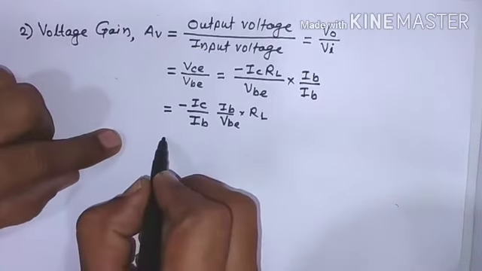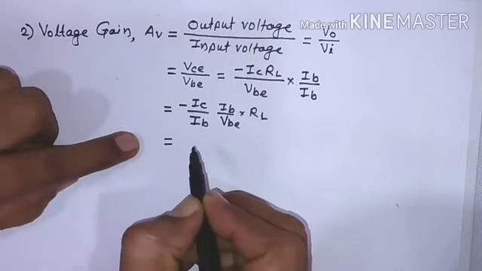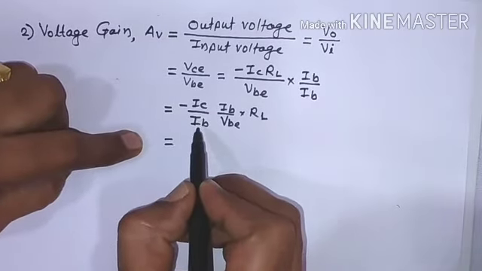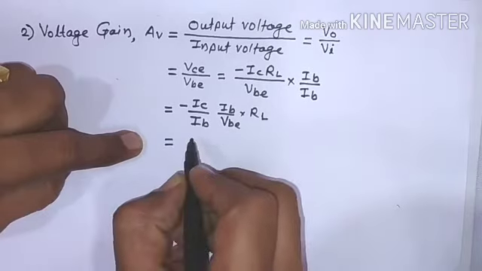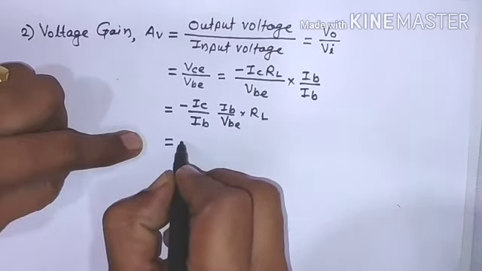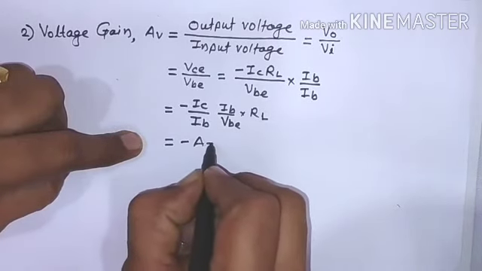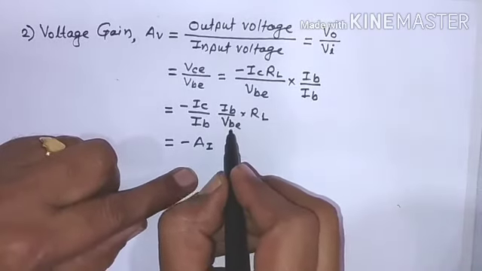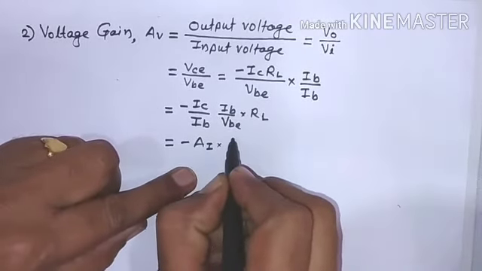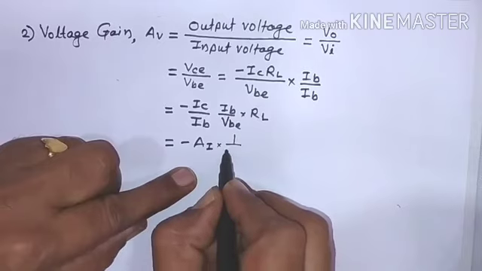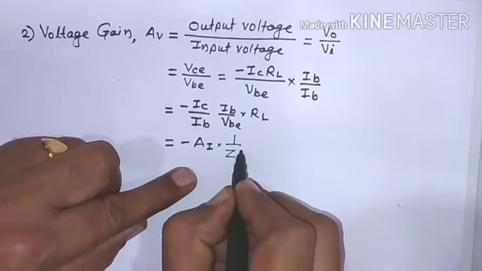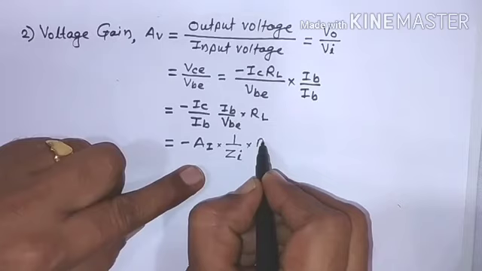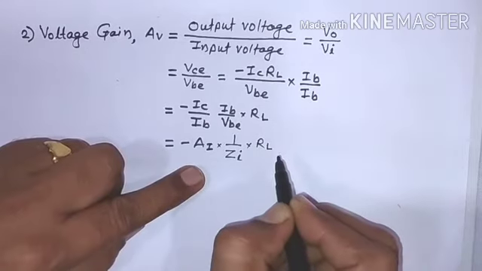Now the first term, minus IC upon IB, as per our equation, is nothing but AI, that means current gain. The second term IB upon VBE is nothing but 1 upon ZI, the input impedance. And the third term RL as it is.